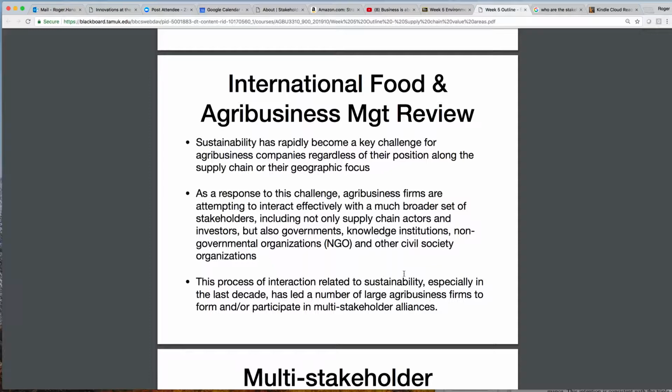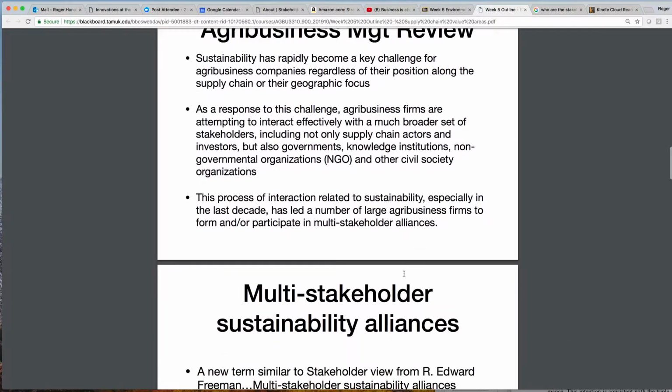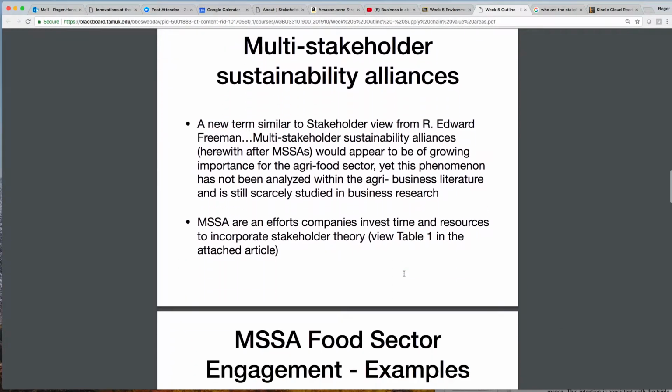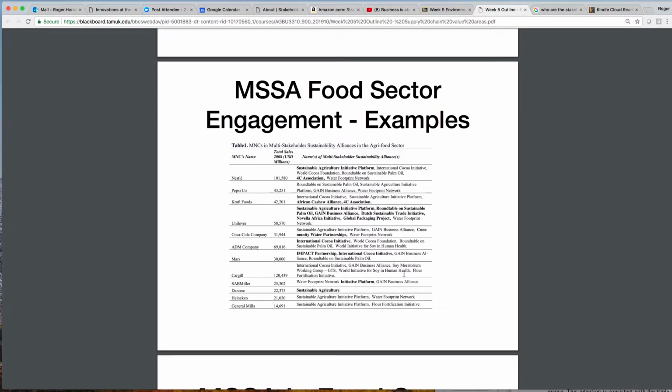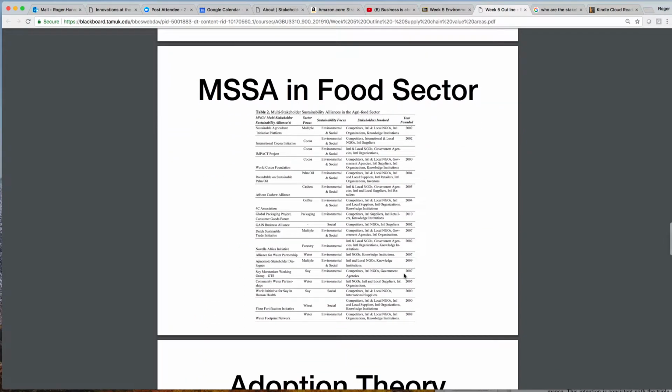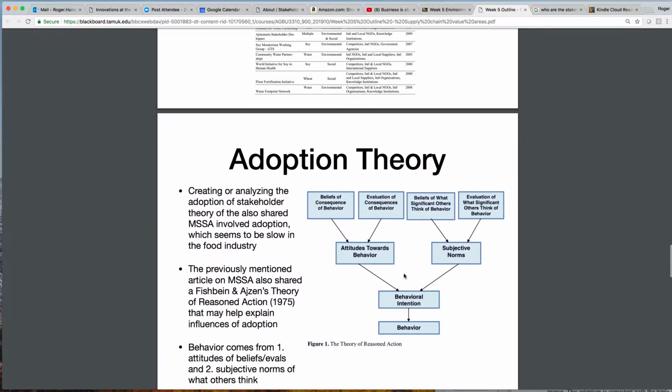I pulled in an article from there, and it talks about this concept of multi-stakeholder sustainability alliances. It goes through an elaborate illustration of what that is. You'll see that in the article. It also has some companies and how they're involved with these multi-stakeholder alliances. It's interesting to also see what alliances exist and when they were formed. A lot of this will be part of what your test will cover, so I wanted to make sure you had these examples. It's also in the article.